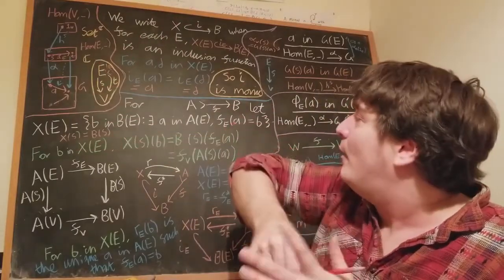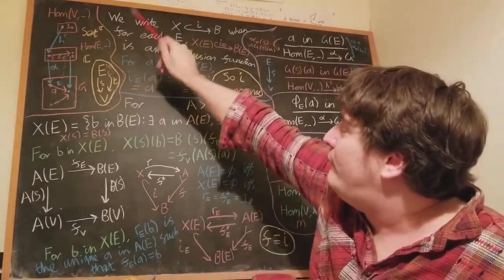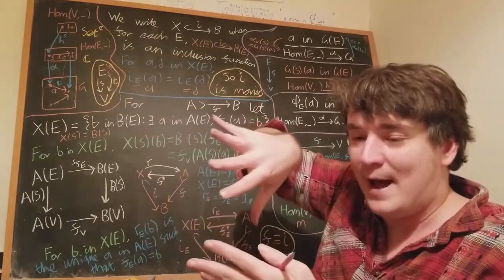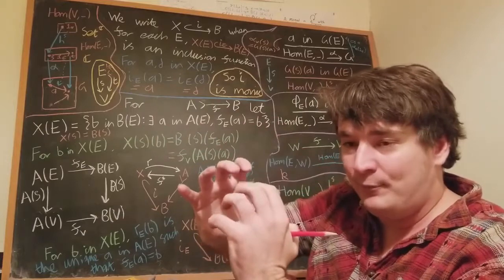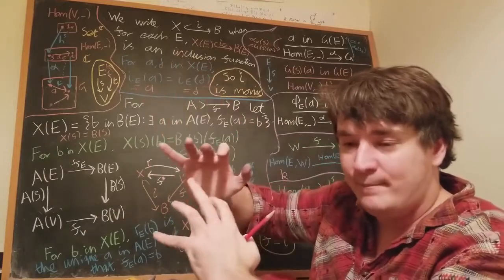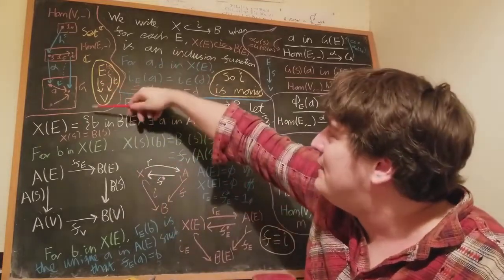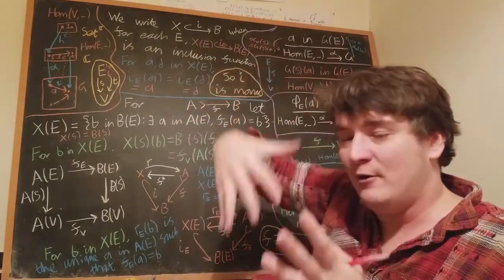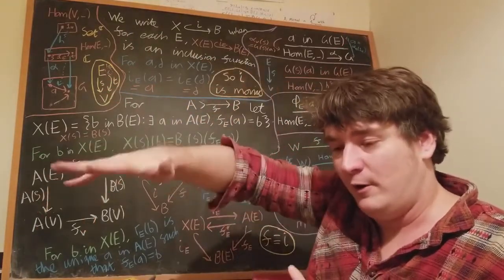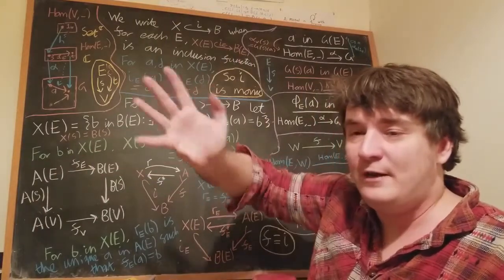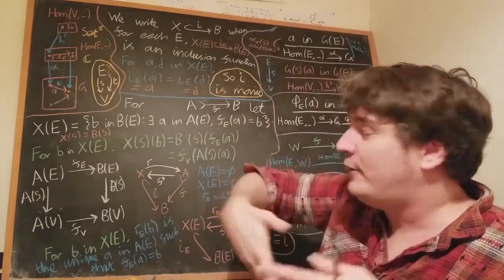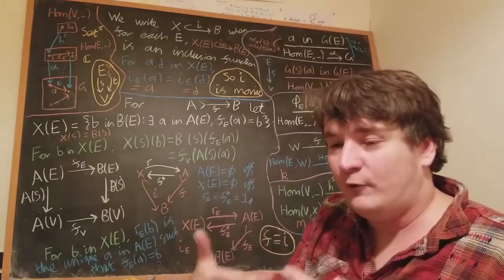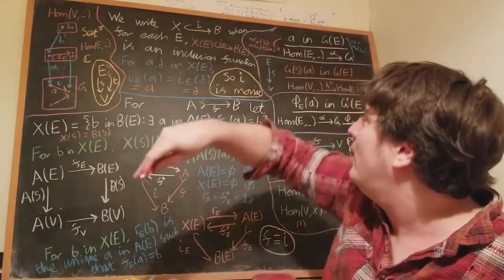And then if there's a monic going into such an object, we can think of that as selecting subsets of these sets G of E in such a way that these G of S functions always send one of these subsets into another one and so on. It's closed under these actions. So this is the picture of how monics work that I want to get across.